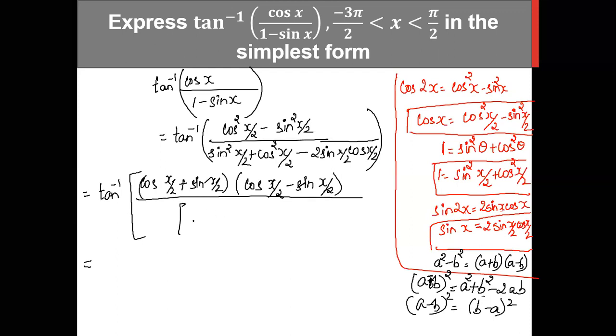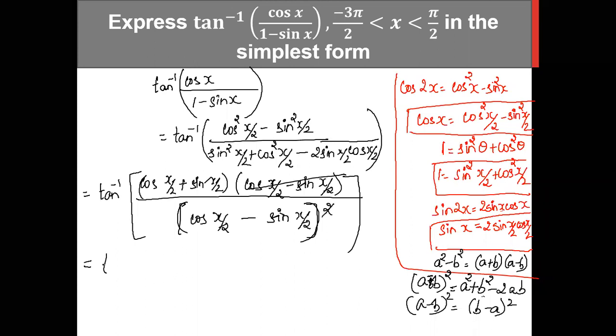So that becomes cos x by 2 minus sin x by 2 whole square, correct? So now you can see in the numerator we have cos x by 2 minus sin x by 2. In the denominator also we have 2 times the square, multiplied by cos x by 2 minus sin x by 2. So I can cancel these terms.